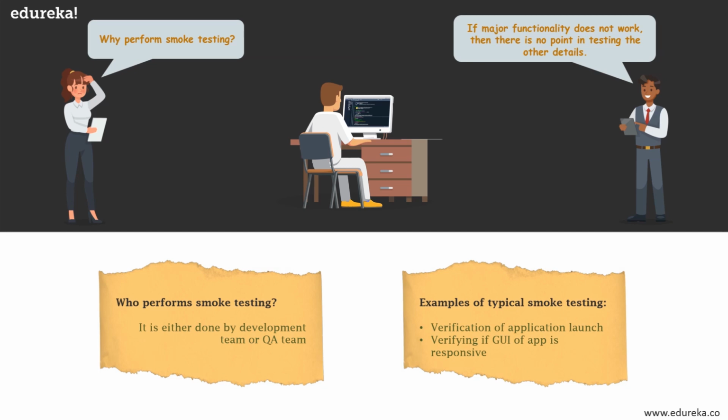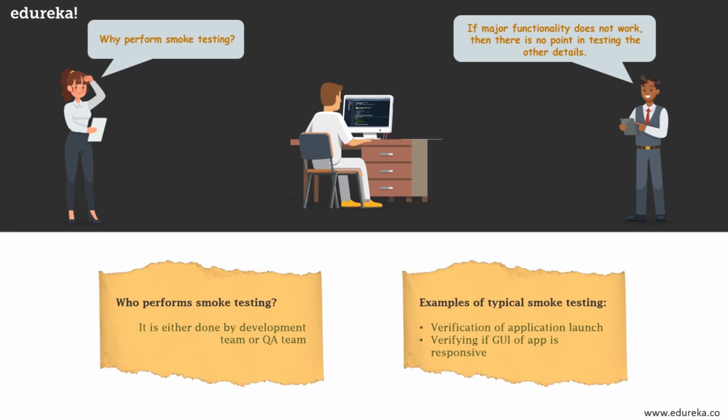So before you move on to any other functionality, you need to check that the basic functionalities of your program are working properly. That's the objective of smoke testing. Smoke testing basically saves time, as you do not have to test the whole application if the core functionalities of the program are not working. So the primary focus in smoke testing is the core application workflow.